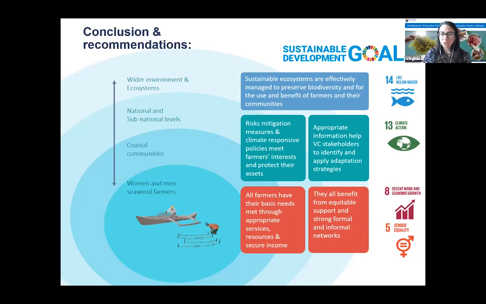Also, appropriate information could help value chain stakeholders to identify and apply adaptation strategies. And then lastly, this would overall contribute to SDG number 14 on life below water by supporting more sustainable ecosystems that are effectively managed to preserve biodiversity, also for the use and the benefit of farmers and their communities.